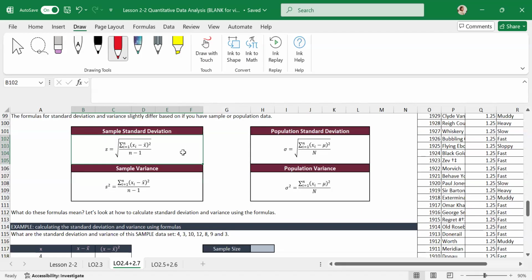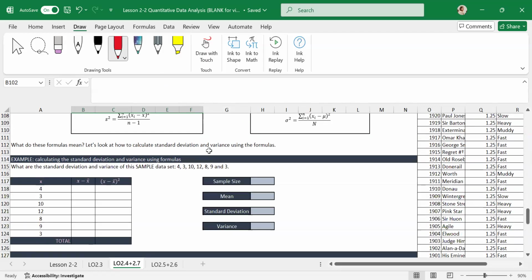For now, you don't really need to know how the formulas were invented. You just need to know that there is a difference when you subtract 1 between the population and the sample formulas for both the standard deviation and the variance. In our next example, we'll look at how you use the formulas by hand, and then we'll look at how to calculate them in Excel.